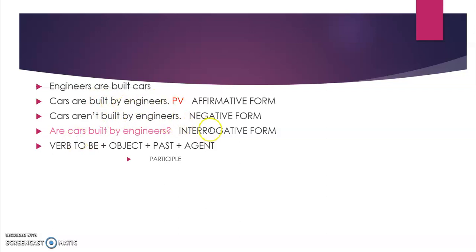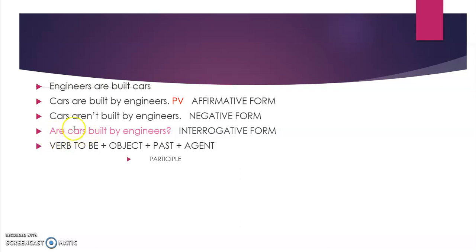Now, what happens in the interrogative form? With the interrogative form, you change the position of the object and the verb to be. So in this case, are is the first part, then cars. Why do we use are? Because the object is plural.